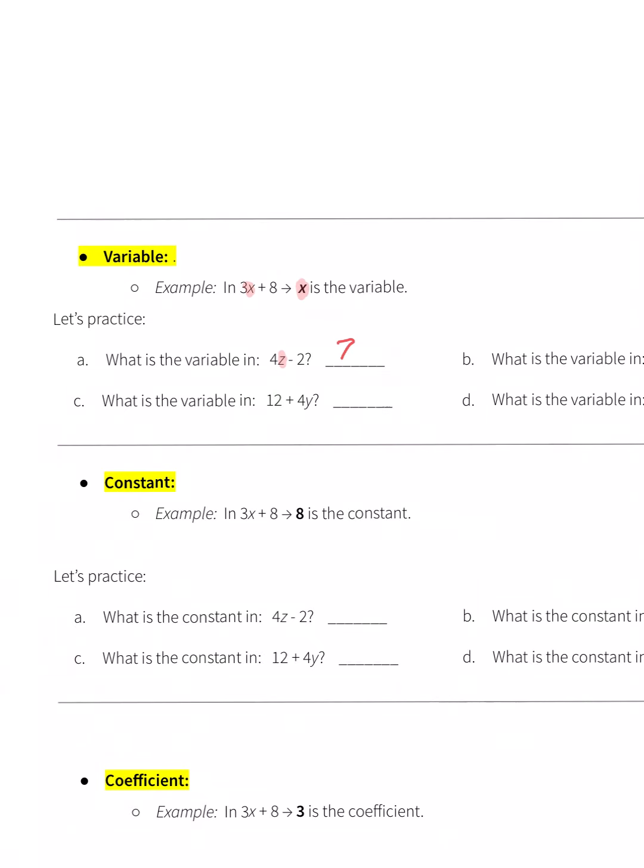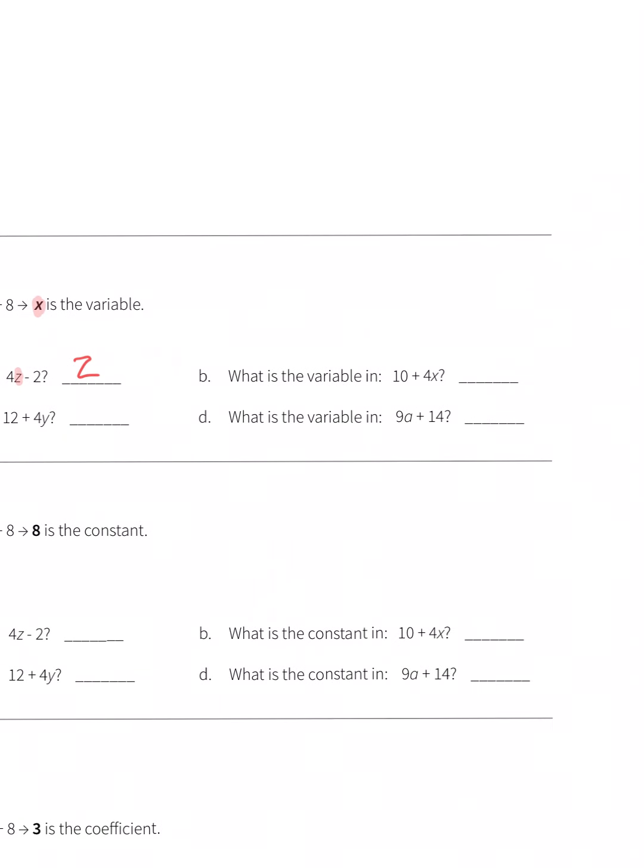So what is the variable here? Z. Okay, next one. What is the variable in 10 plus 4x? A variable is a letter that represents a mystery number. You can see I have a letter right there.